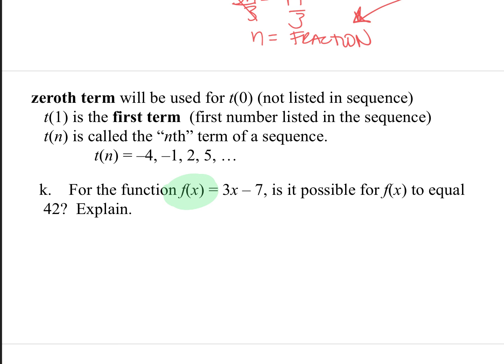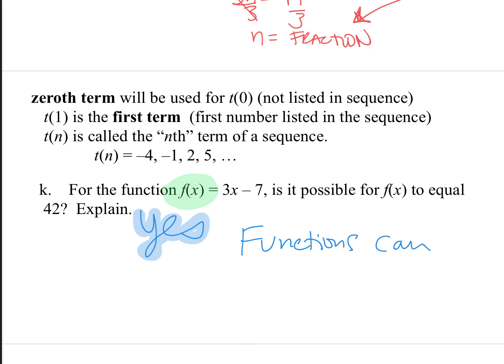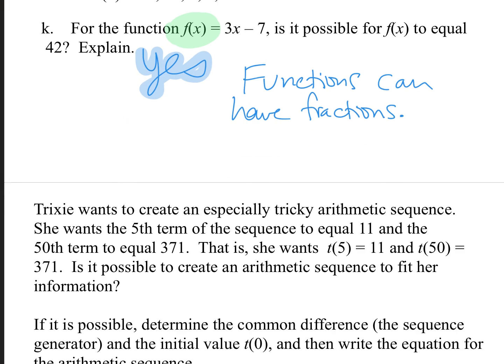You are allowed to have fractions. So for this one, the answer is yes. Let's try that again. Yes. There we go. Functions can have fractions. That's your answer here that you'll need to have on your worksheet. Functions can definitely have fractions.